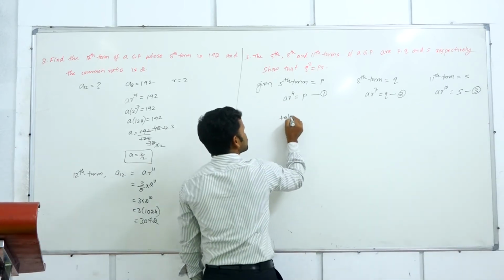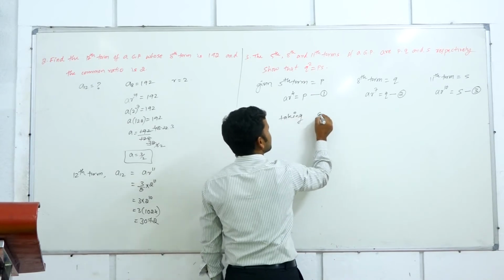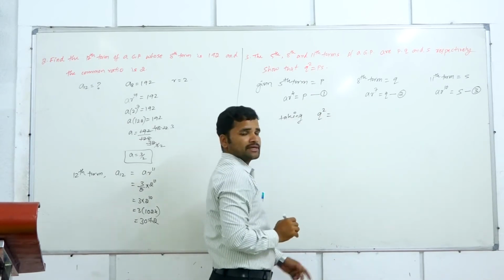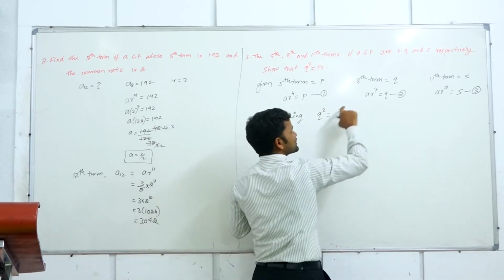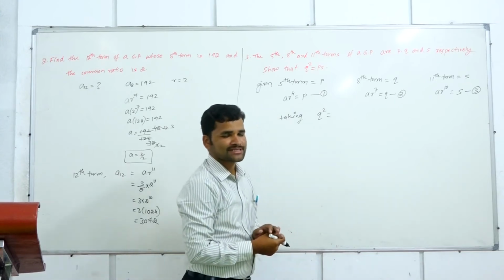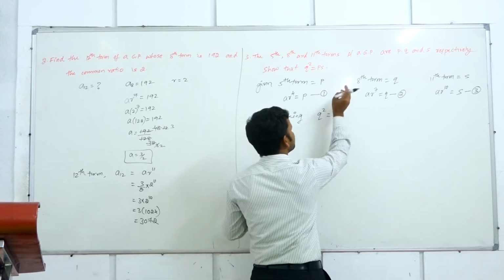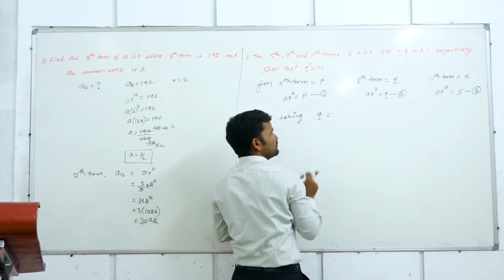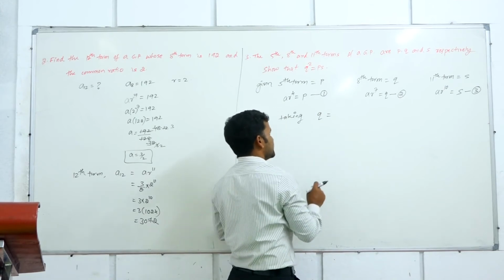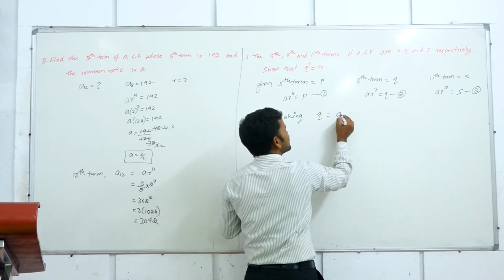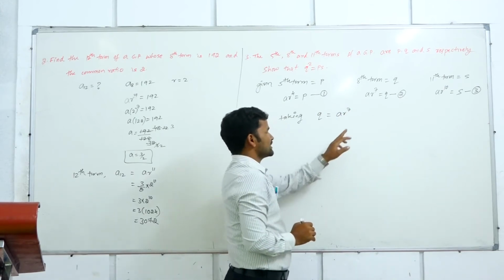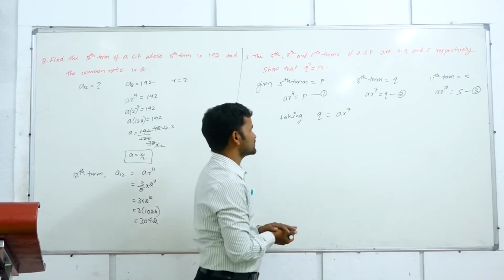Taking Q square, here you see Q is equal to A into R to the power of 7. Let me consider Q first, otherwise you may get confused. Taking Q is equal to A into R to the power 7, that is equation 2.